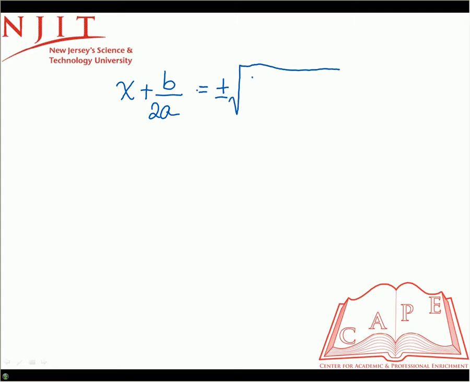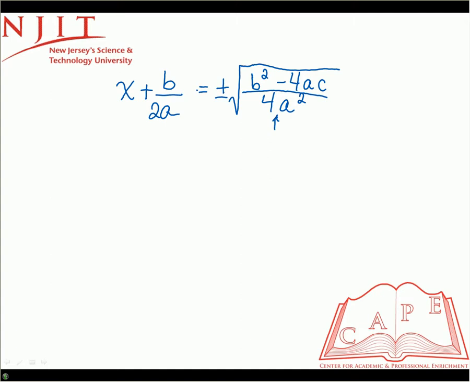And don't forget, the last step, all we did was combine everything into one fraction: b squared minus 4ac over 4a squared. Okay, so now we can't take the square root of anything on the top because we have nothing in common to factor out or pull out, and because this is a subtraction, we can't just take the square root of each term individually. However, in the denominator we do have 4a squared, which can be taken the square root of.